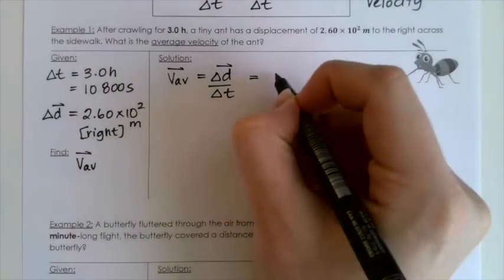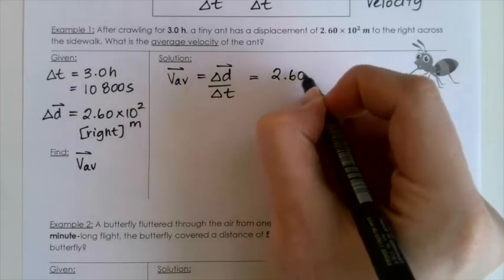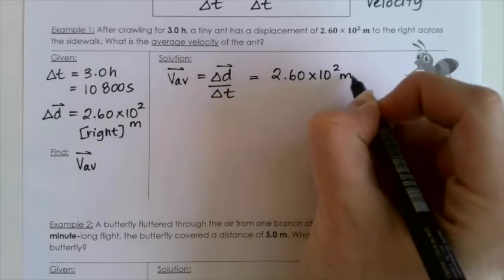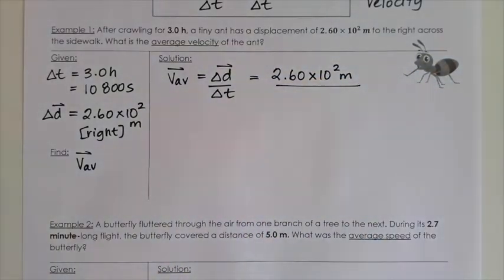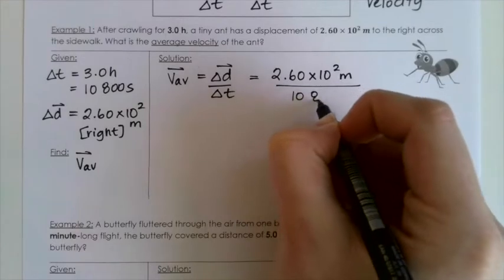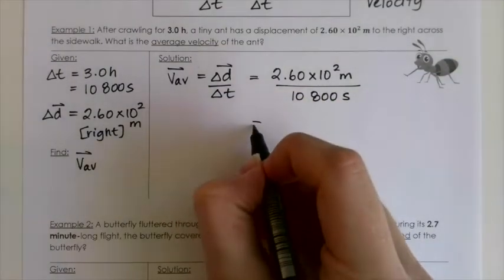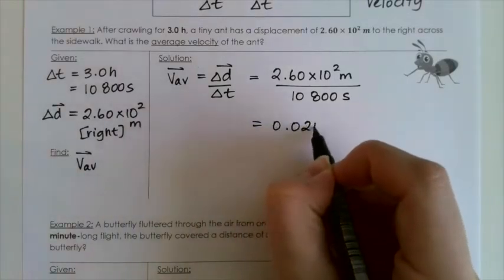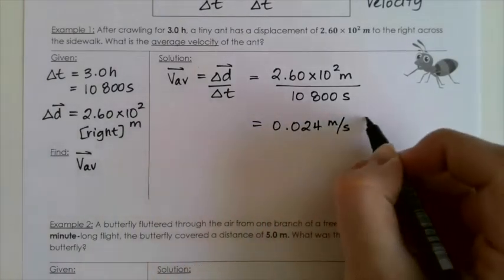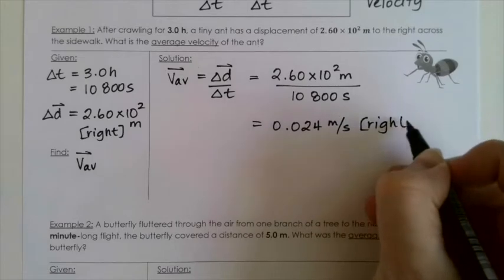So you can go ahead and sub in your displacement, 2.60 times 10 to the 2 meters divided by 10,800 seconds. Compute, and we get 0.024 meters per second to the right.